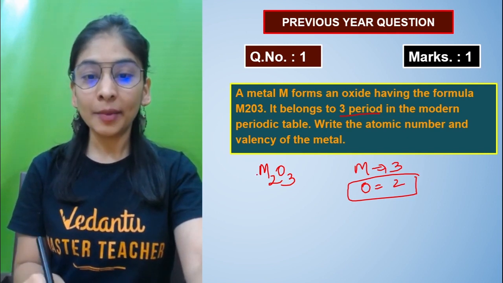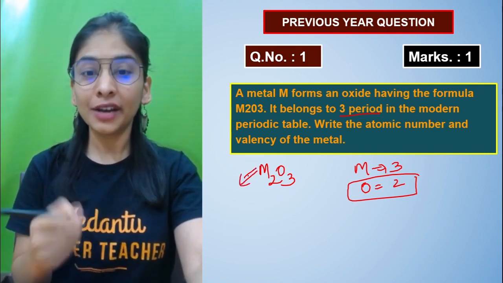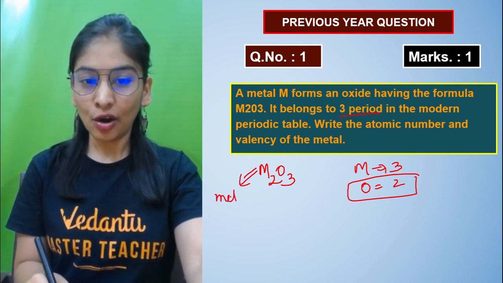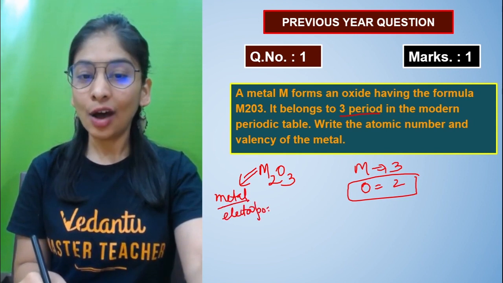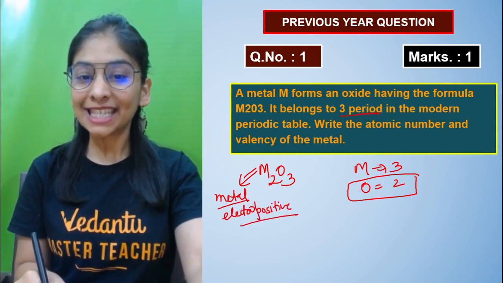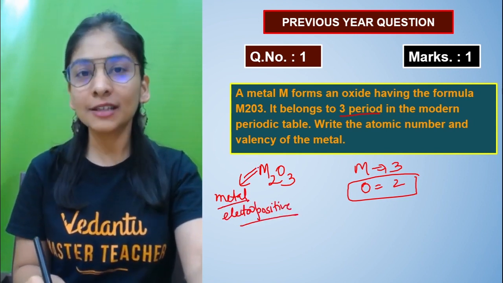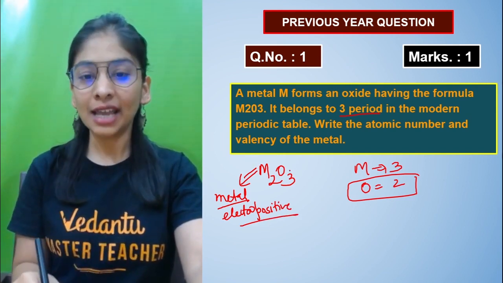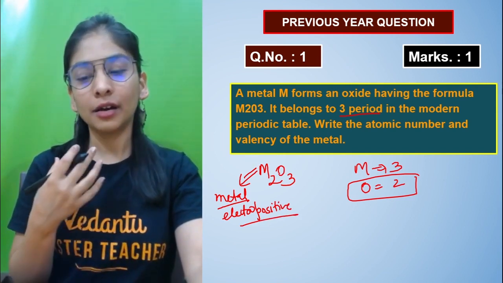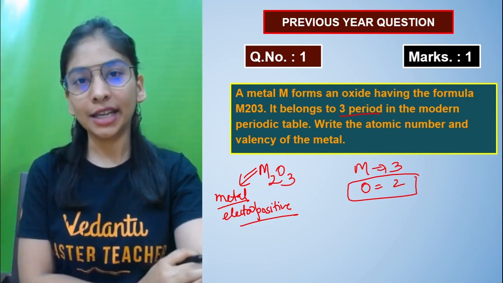We need to write the atomic number. The very important information that you can also figure out is that it is a metal, a substance which is electropositive in nature. How come? Because we start a compound with the positive element, an atom getting a positive charge, and end with one that has a negative charge.